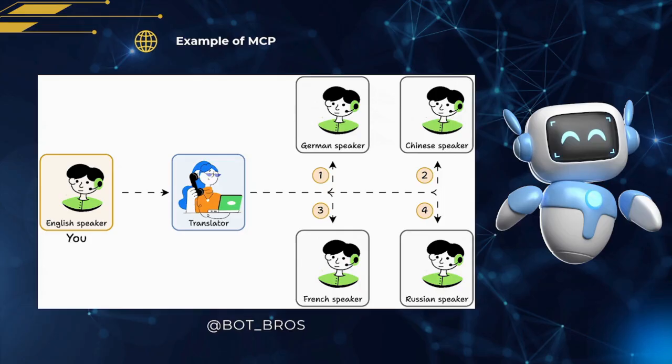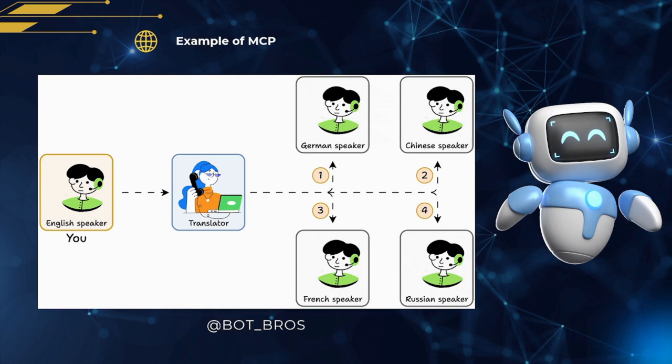So let's understand MCP using a very simple example. Imagine you only speak English, but you want to communicate with people who speak German, Chinese, French, or any other language, right? But for that you need to learn these languages. Instead of learning every language yourself, you can just talk to a translator, and this translator handles everything: understanding, converting, and delivering the message.